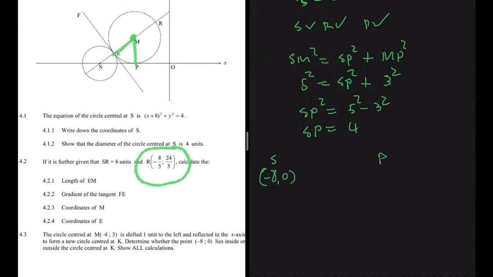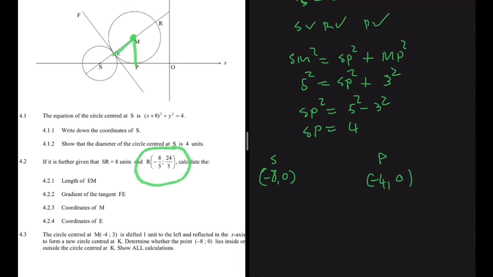And then we have P, which is the x value, and 0 here, right? But we know that from S to P is 4 units, right? So what can be the possible x value of P here? It should be clear that the only possible value of P such that SP is equal to 4 should be minus 4, right? The distance from S to P will be 4 if the x value of P is minus 4.